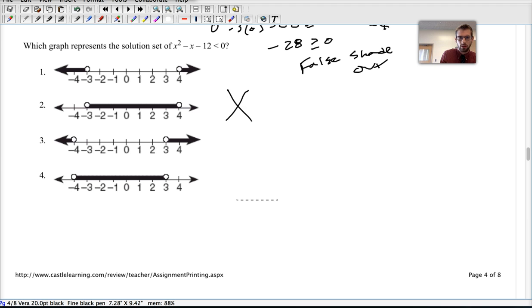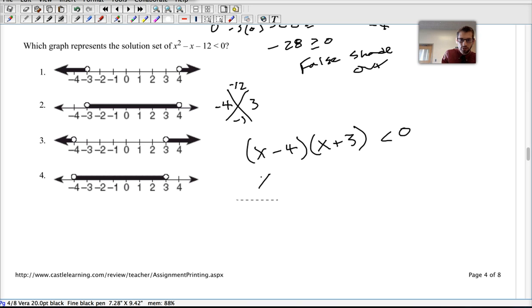So I've got a negative 1 and a negative 12 this time. My b is negative 1. a times c is negative 12. So let's go ahead and think about this one. Our factors are going to be negative 4 and 3. So I've got x minus 4, x plus 3 is less than 0.